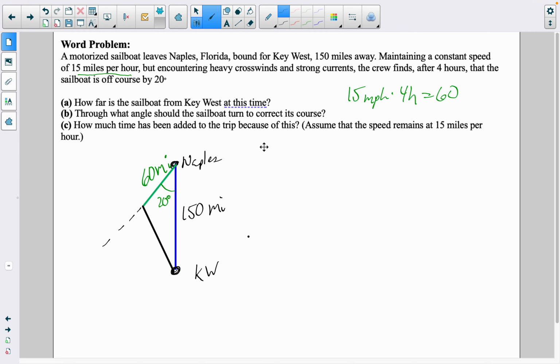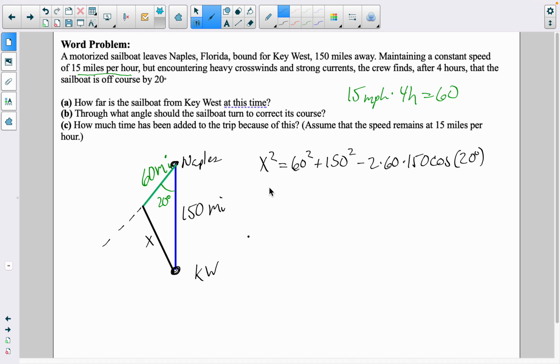The first question is, how far away am I? I need to find this x value here, this black line. What's that distance? Look, we have side, angle, side: law of cosines. So x squared is going to be equal to 60 squared plus 150 squared minus 2 times 60 times 150 cosine of 20 degrees.